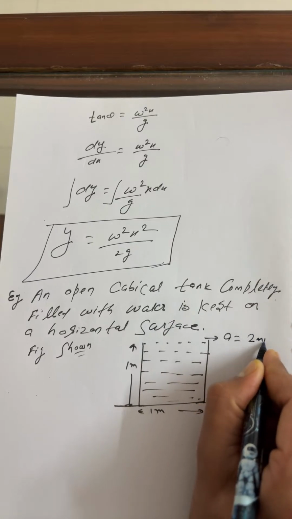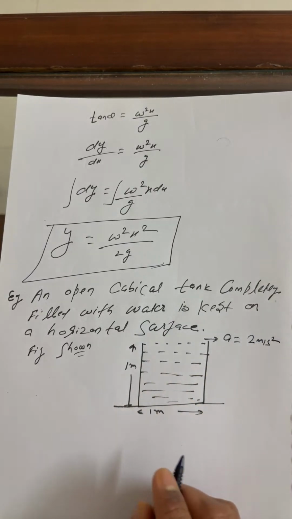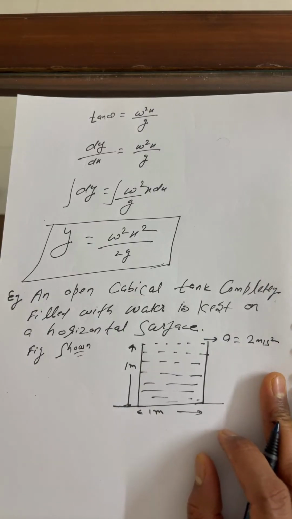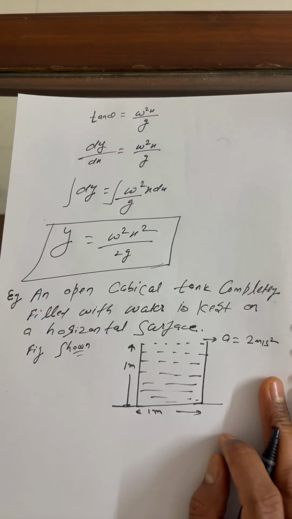With acceleration 2 meter per second square. What we wish to find here is the mass of water that would spill out of the tank.